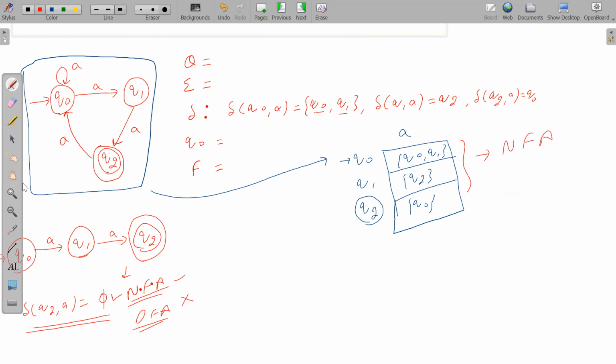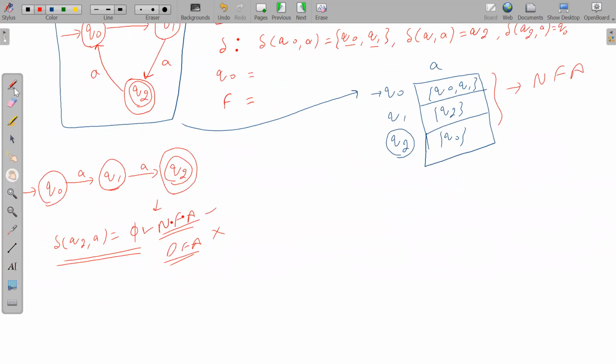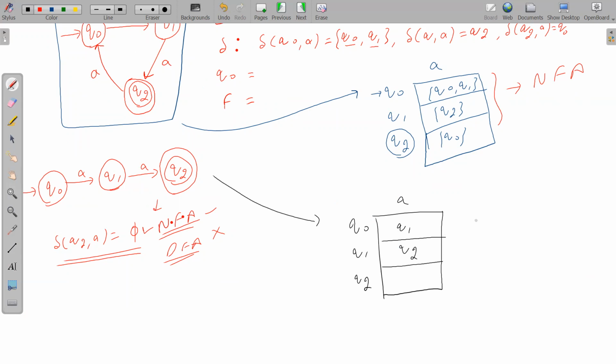Similarly, if we convert this into a table, what will we get? Q0, Q1, Q2. On a, Q0 goes to Q1, Q1 goes to Q2, and Q2 on a is a dead configuration. So you can write phi here, or you can leave it blank also. If any cell of the table is blank, then again it is nothing but an NFA.